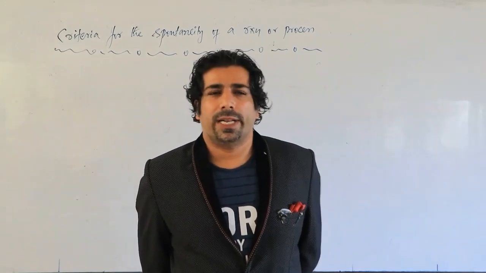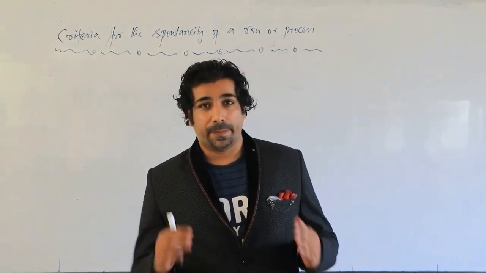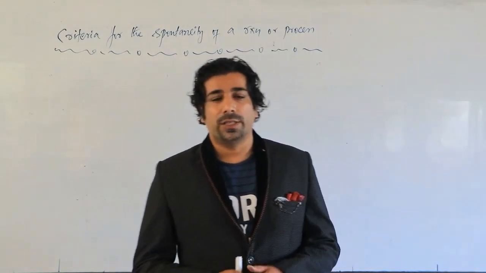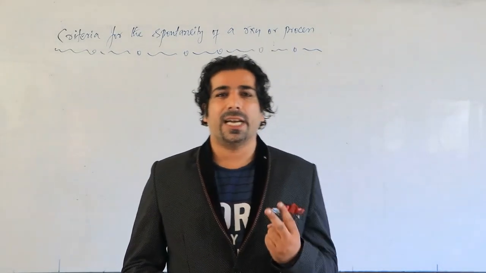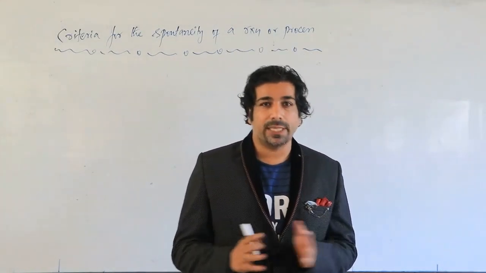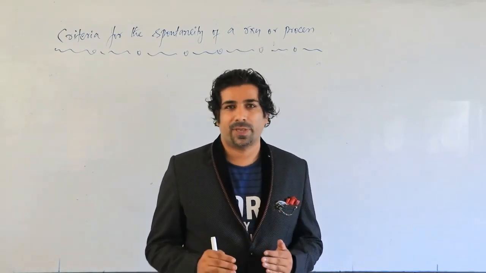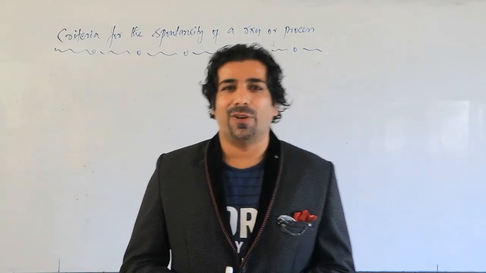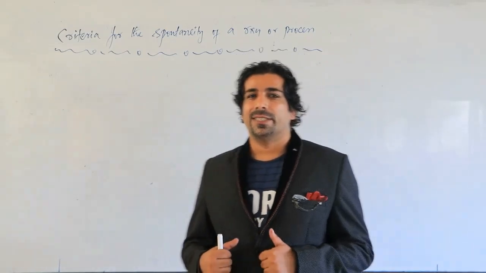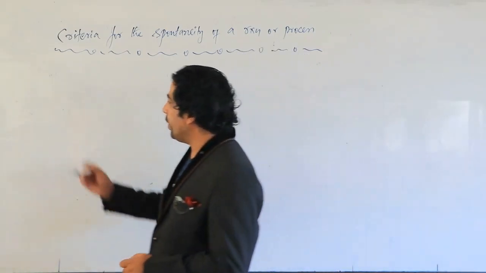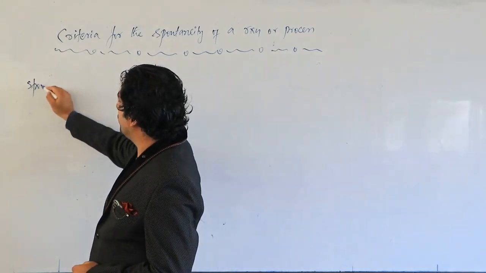Dear friends, now let us understand the spontaneity in terms of two things. One is delta S total, that is delta S universe, and delta G system. I hope you have already understood the previous things, so let us move on. Before we go further, I will take up three things here.